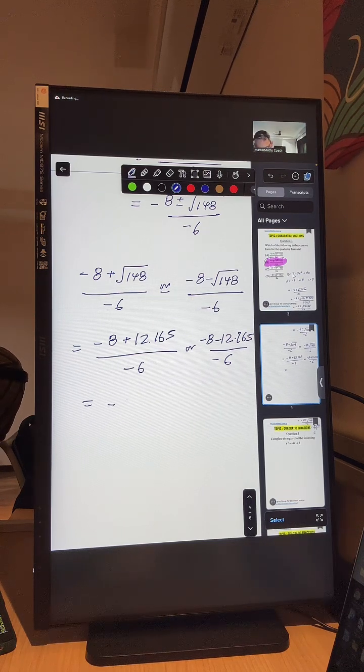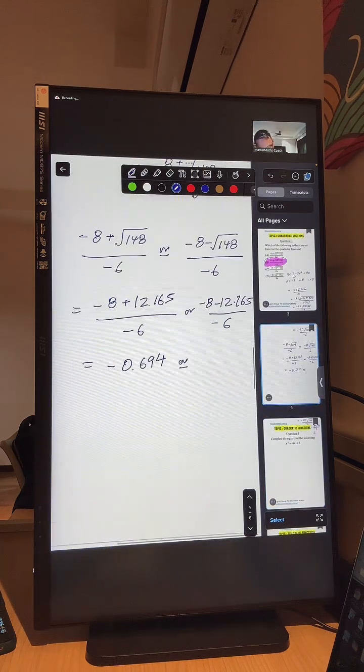I will get minus 0.694, or I will get minus 3.36.